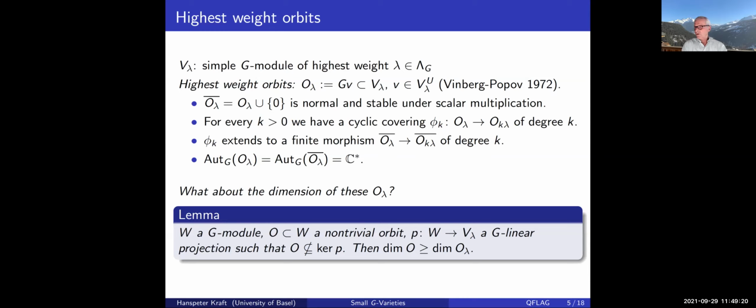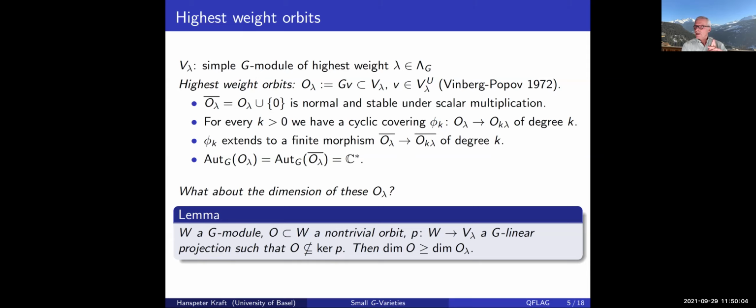Take any non-trivial orbit O in this G-module, and consider a G-linear projection onto an irreducible representation, with the condition that the orbit is not in the kernel, so the orbit is not sent to the origin. Then, in fact, the dimension of this orbit is greater or equal to the dimension of the minimal orbit in V lambda. So you see, when you have any G-module, the smallest possible dimension of orbits in there is always attained by a minimal orbit.